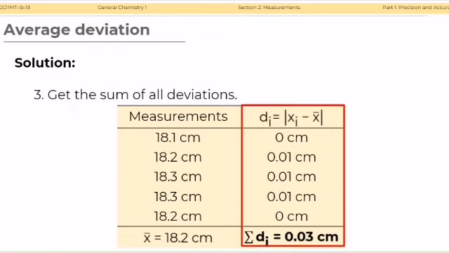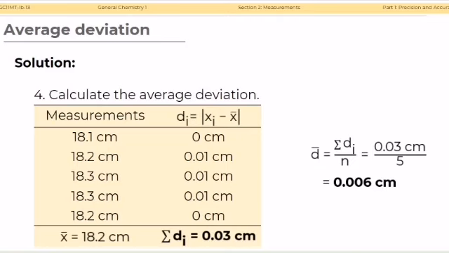The next step is to get the sum of these deviations, and the sum of deviation is 0.03 centimeters. Lastly, divide the sum by the number of deviations, which is 5. If we divide 0.03 centimeters by 5, we get the value of 0.006 centimeters.